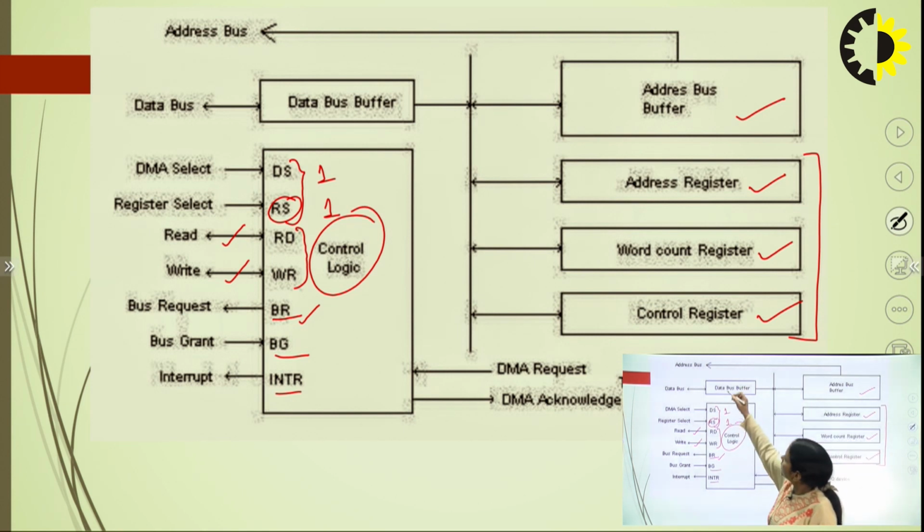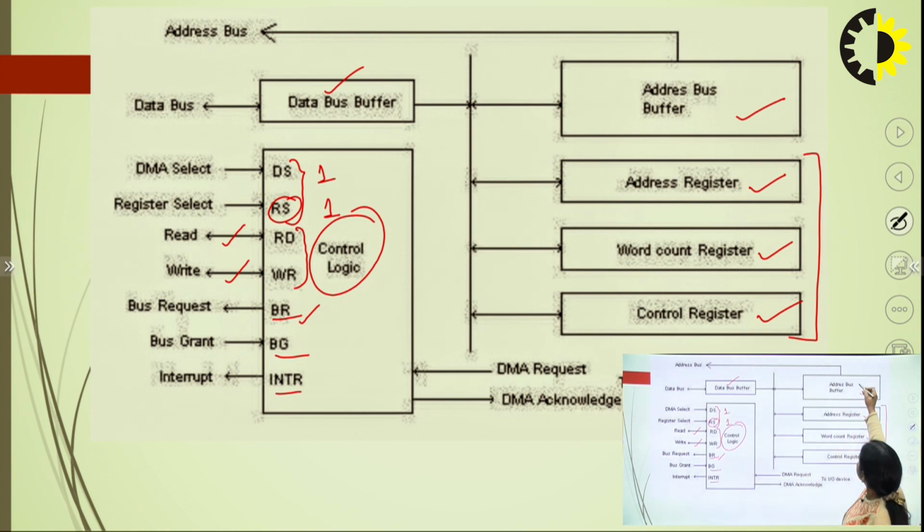Now, there is a data bus buffer, where we can store the data for temporary purposes. This is the address bus buffer, where we can store the address for temporary purposes, and you can see here, this is the DMA request and DMA acknowledgement signal.